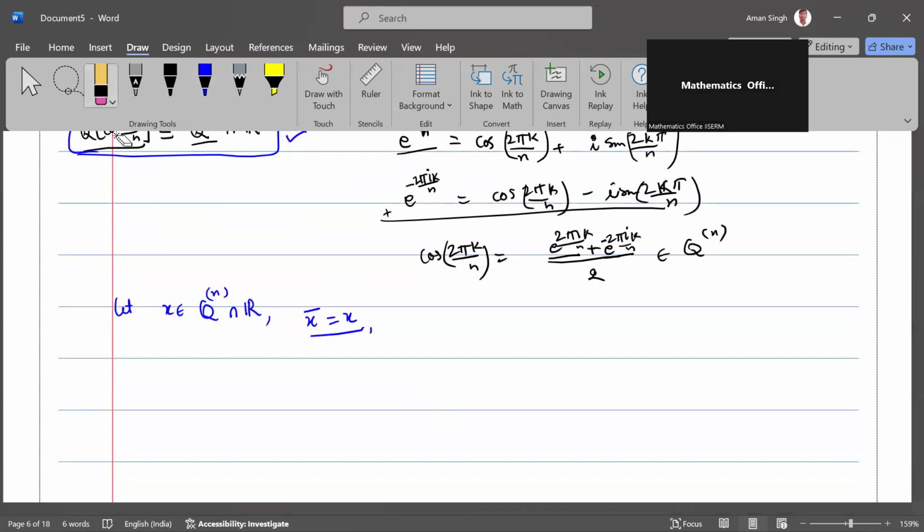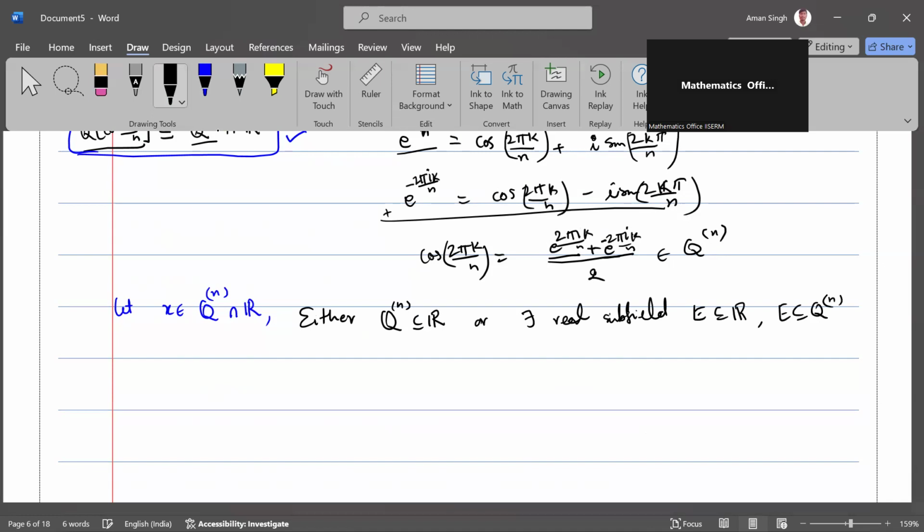So first of all, either Q_n is already inside R, or there exists a real subfield E contained in R, which is contained in Q_n also, such that the degree of extension of Q_n over E is 2.